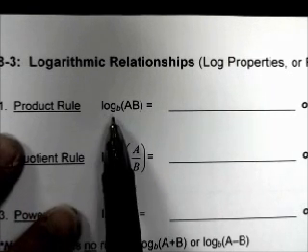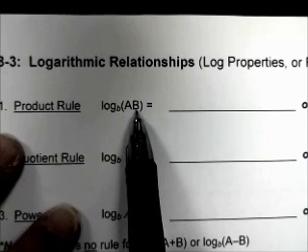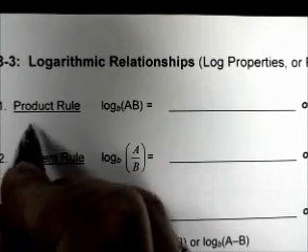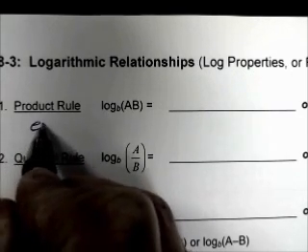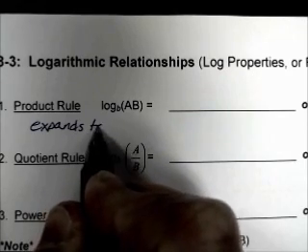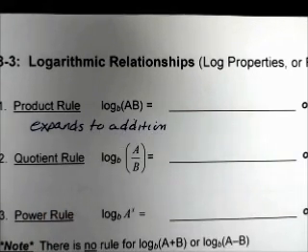If you have log base b of the product a times b, this would expand to, the rule is, multiplication expands to addition. All right, multiplication is going to expand to addition.